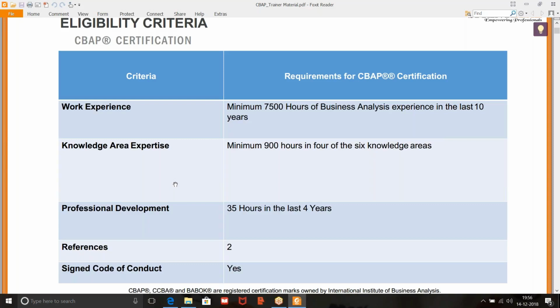So I would say CBAP has great value because it can give depth and breadth both to BA skills and knowledge. It puts you in a position wherein you can create a center of excellence for BAs in your organization. If you don't have a center of excellence currently, exclusively for BAs, I think that's a must-have requirement, and we call it a chapter in the terminology that the Spotify model uses.